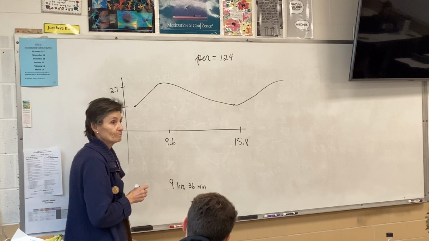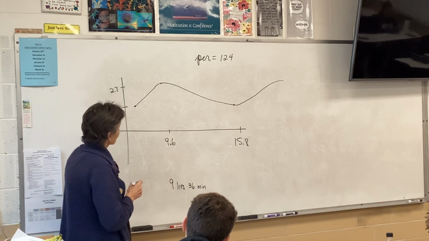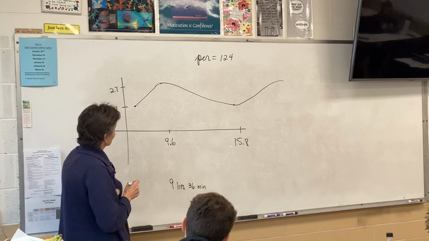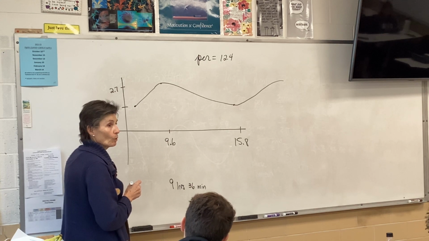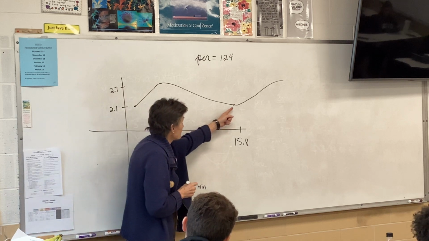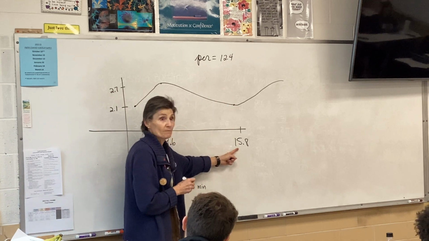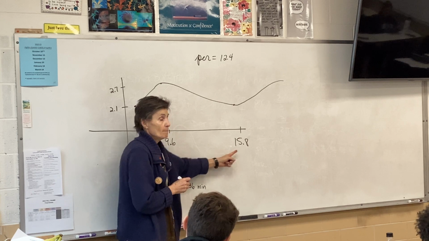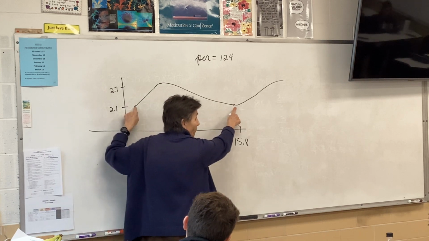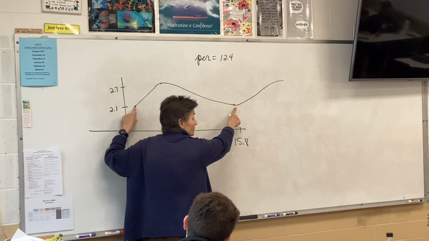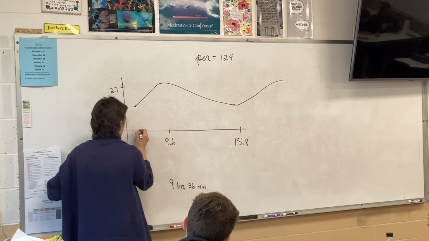You would subtract half of the period, so like 6.2 from 9.6? Okay, I think that'll work. You can also subtract 12.4 from 15.8 because aren't these a period apart? So either way, what is that?